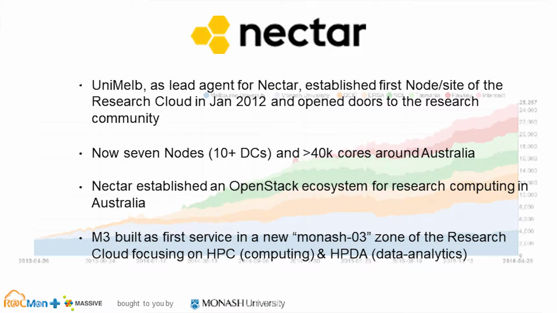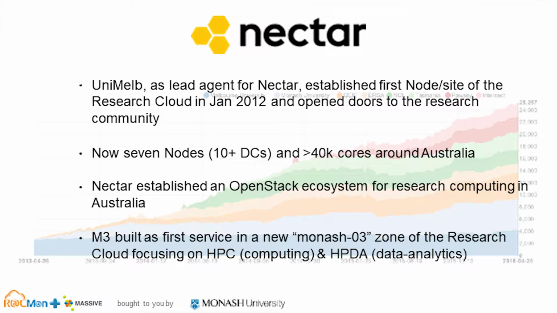But Nectar really led the way for research cloud on OpenStack globally, and it's been a real privilege to be part of that project really since it began, back when we were talking about what we should build for the sector in 2011.